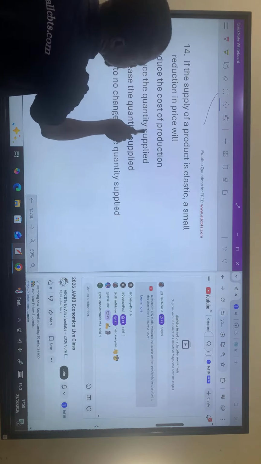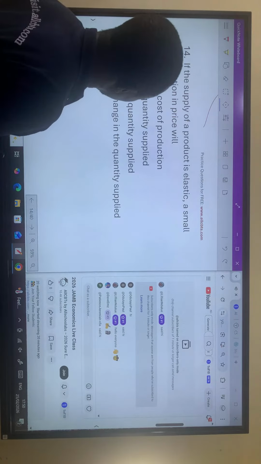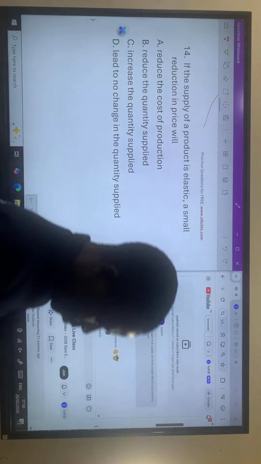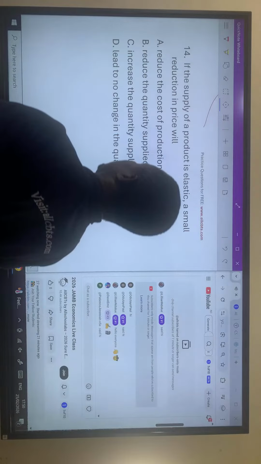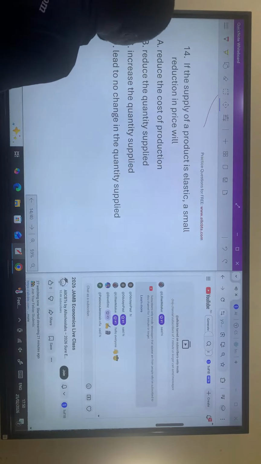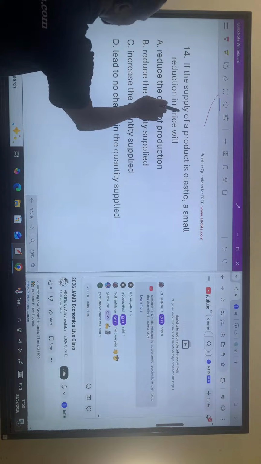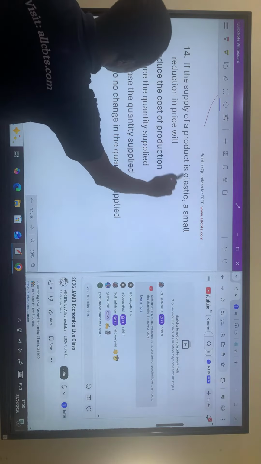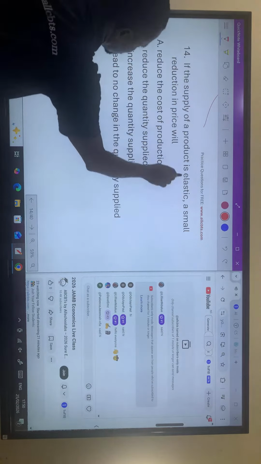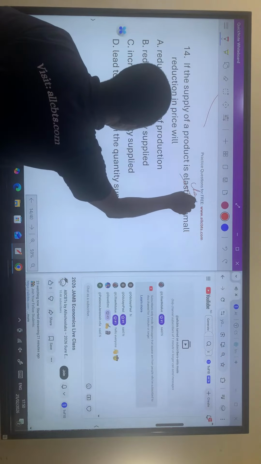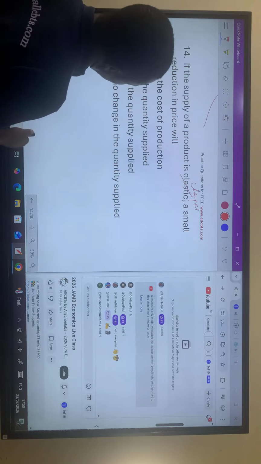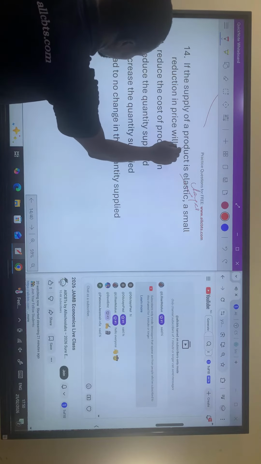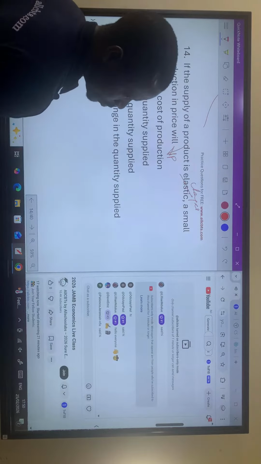For the next one, if the supply of a product is elastic, a small reduction in price will... If the supply of a product is elastic, that it changes. The word elastic means it can change, it changes easily, okay? A small reduction in price, when the price goes down, what will happen?